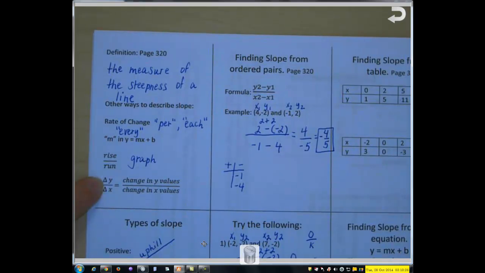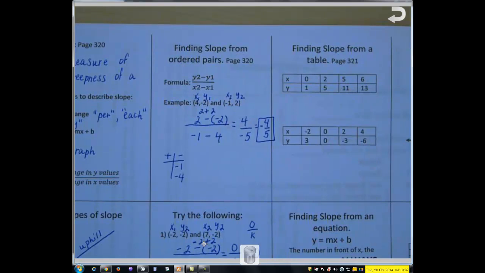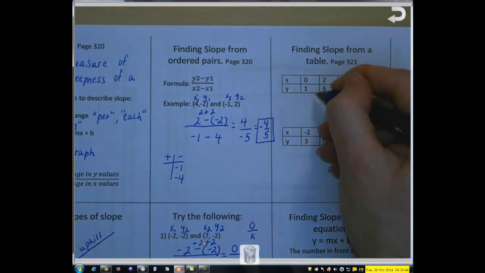This triangle means delta, and it means change in. So this is read as change in y. This is read as change in x. So we're going to look at this table and find our change in y and then divide it by our change in x. So let's just start by finding the change in y every time.